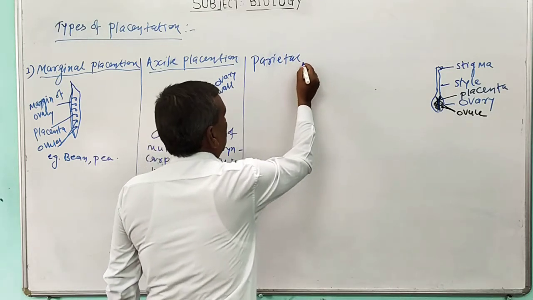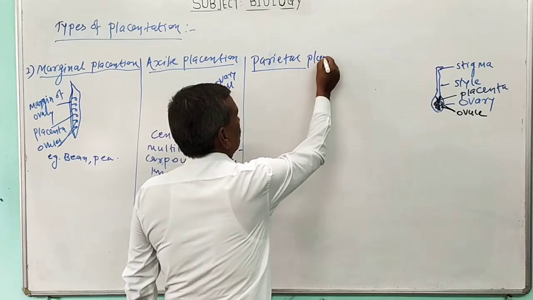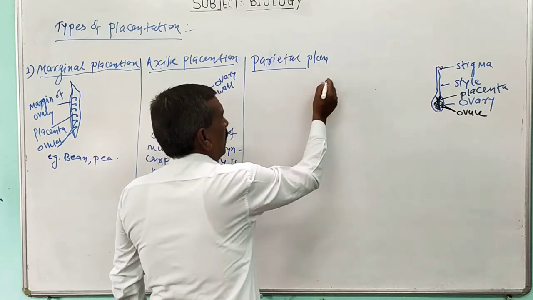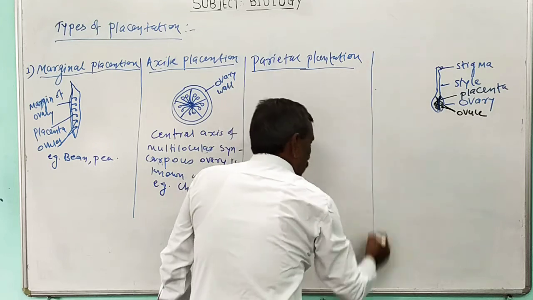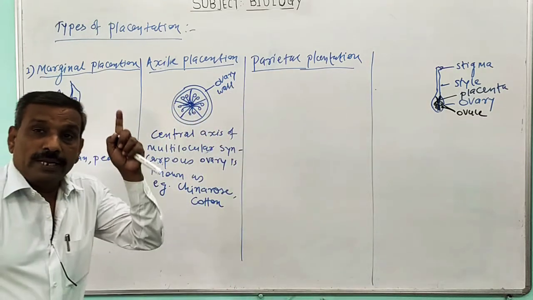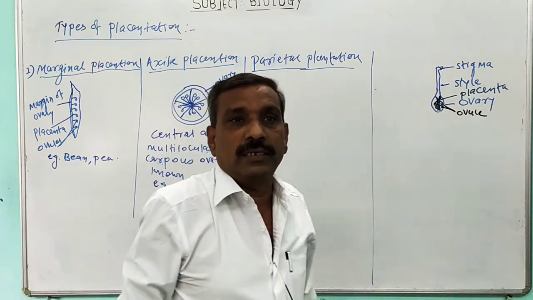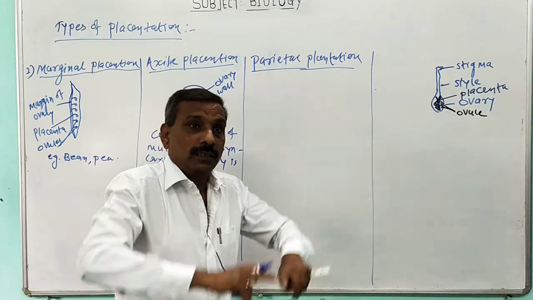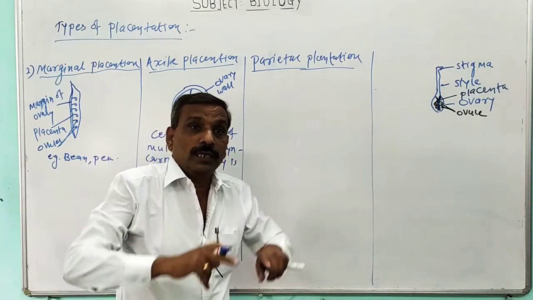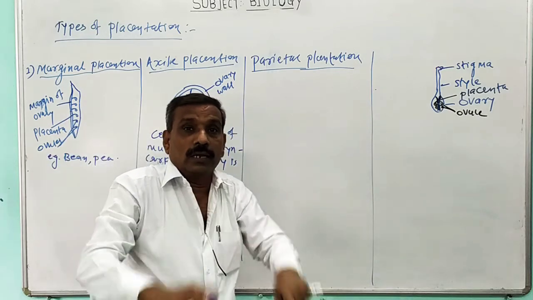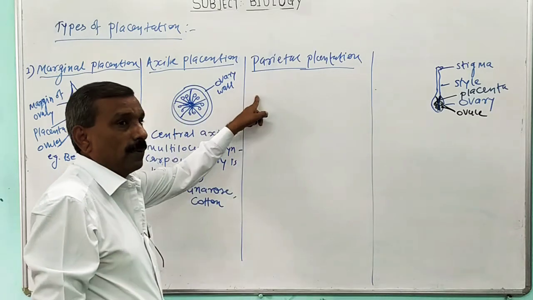Now what is meant by parietal placentation? When ovule develops from the periphery of the ovary, that is from the inner margin of the ovary, that placentation is known as parietal. That is, when ovule develops from the periphery of the ovary, from the boundary of the ovary wall, that placentation is known as parietal placentation.